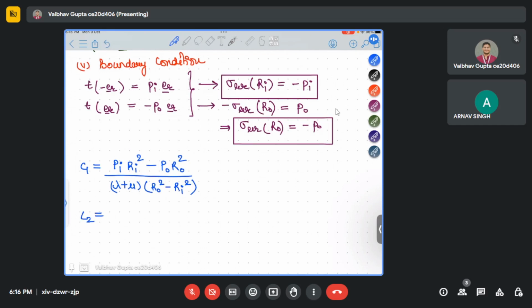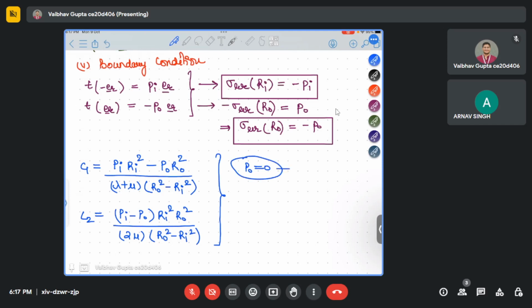And C2 you will get as Pi minus P naught, Ri square R naught square upon 2 mu, times R naught square minus Ri square. So this is a generic formula to find constants C1 and C2. Suppose in the lecture note the external pressure is not given, so you can directly put P naught equal to 0 for no external pressure.